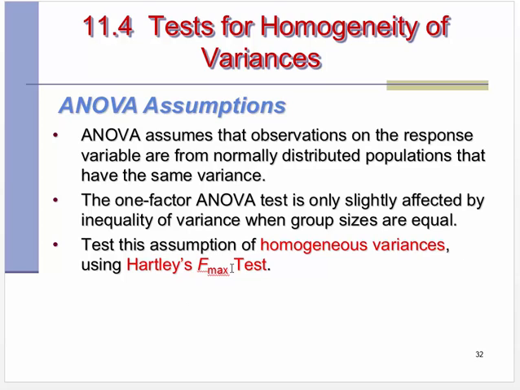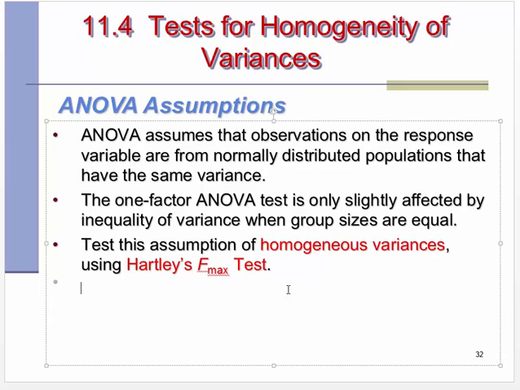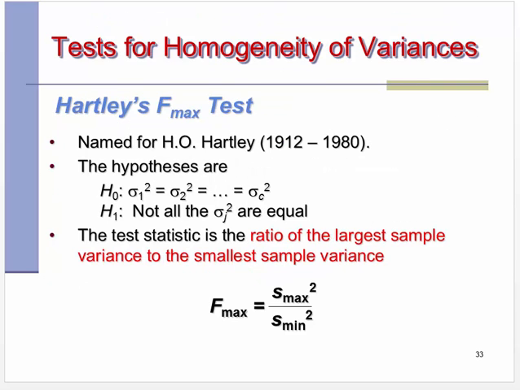we can use Hartley's Fmax test. Hartley's Fmax test is named after H.O. Hartley, from 1912 to 1980. This is the hypothesis that the variances are equal, versus not all sigmas are equal.